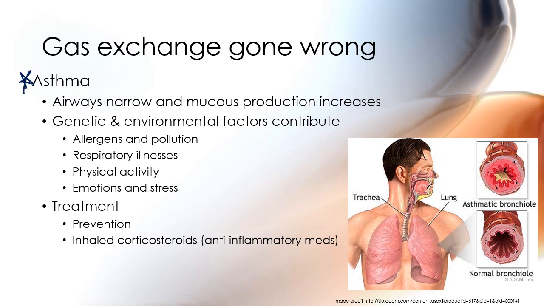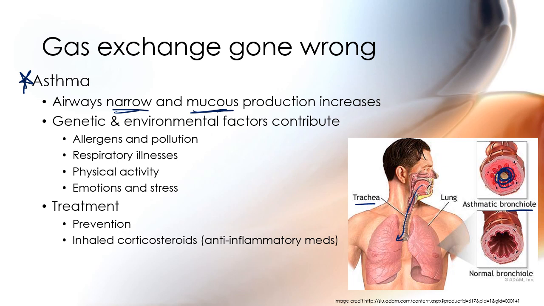Asthma is another disorder of the pulmonary system. What happens in an asthma attack? Airways, so now we're talking about the trachea, the bronchi, the bronchioles, they're going to swell and get narrower. There's going to be more mucus production, which makes it harder for air to get in and out just because these passages are narrowing.